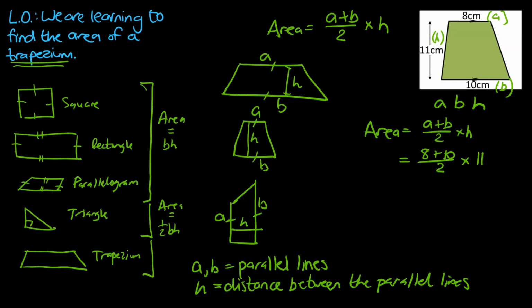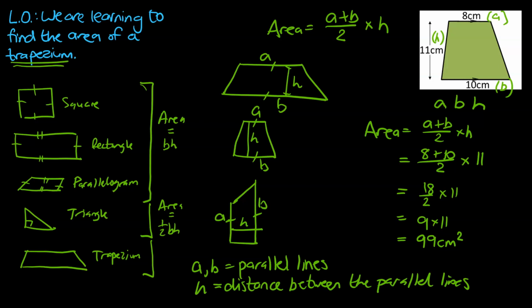We start off with the top: 8 plus 10 is 18. That 18 is divided by 2, then times 11. 18 divided by 2 is 9, times 11, which is 99 centimeters squared. And that is the area of the trapezium we're looking at.